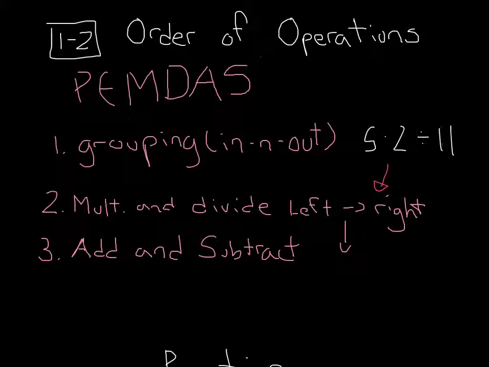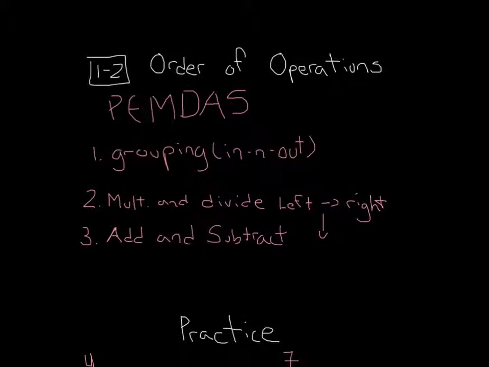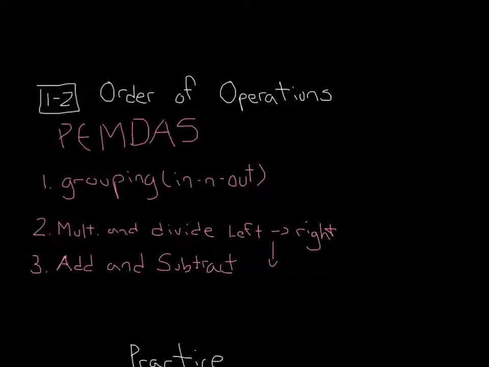You want to do that after you do the grouping. Let's say you had 2 plus 5 divided by 3 times 2, minus 3.